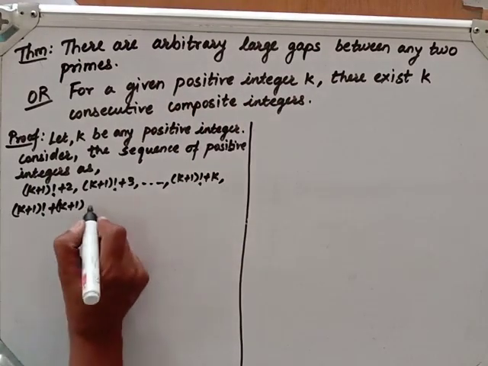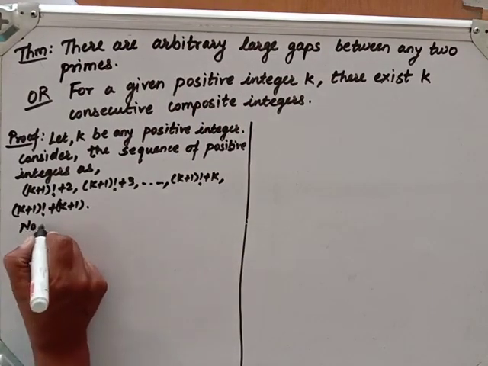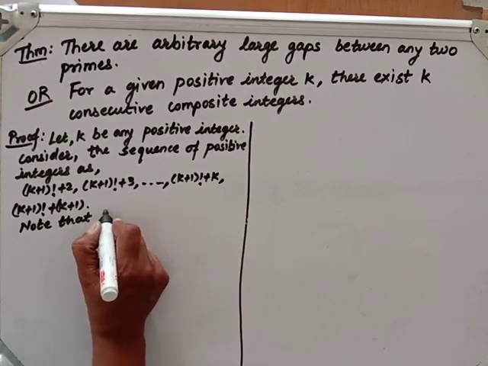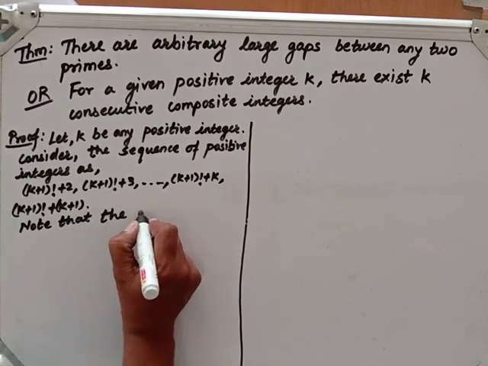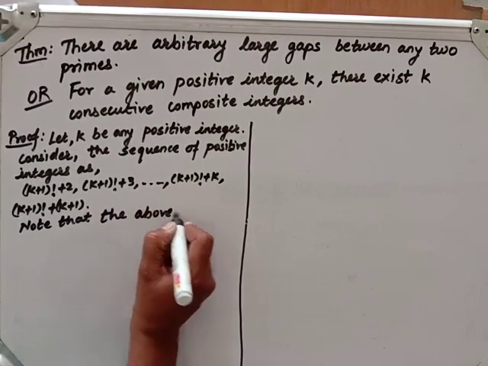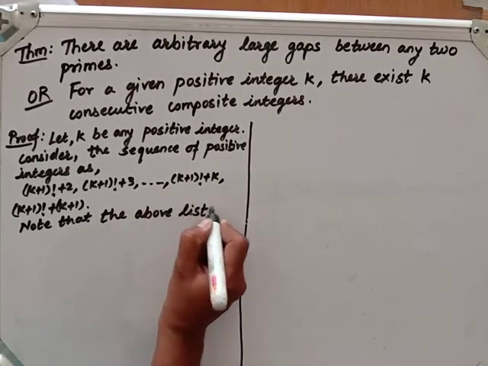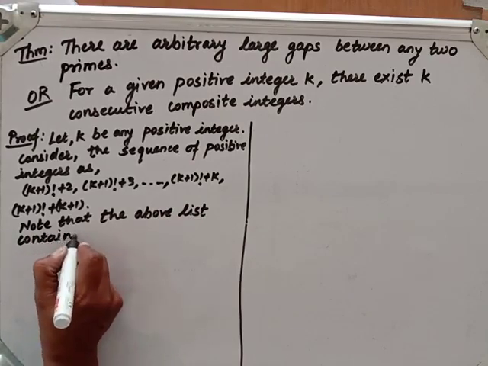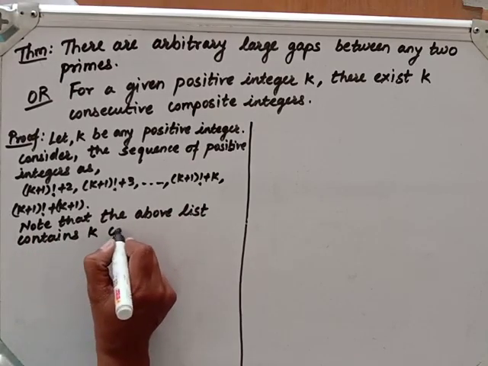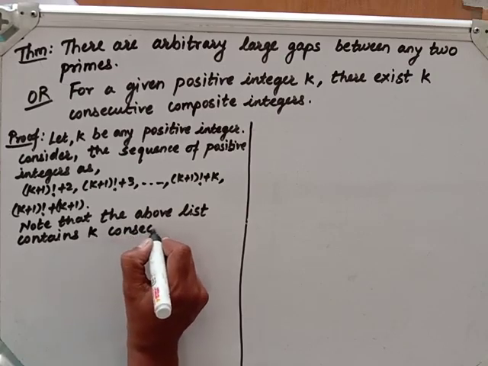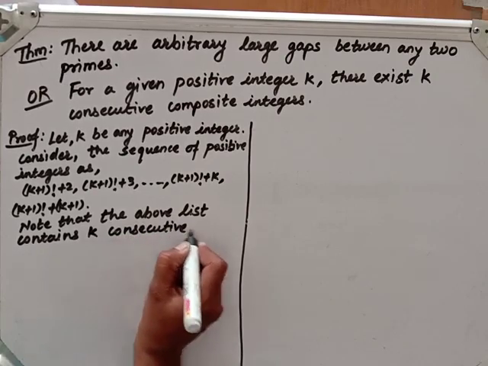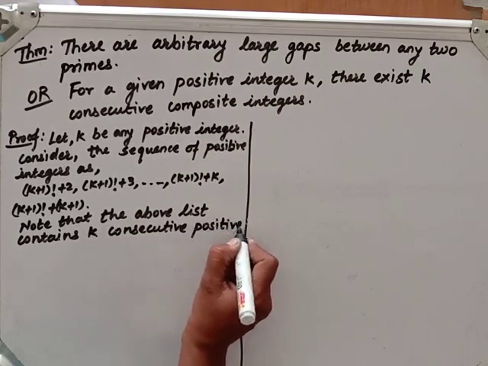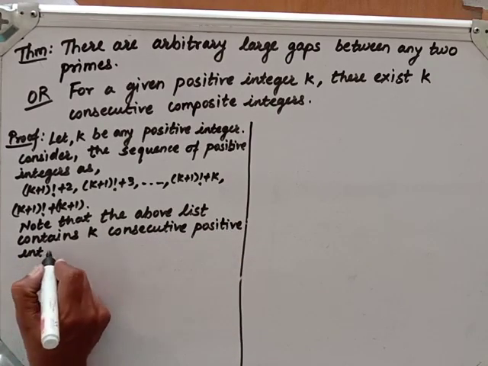Now note that this list contains k consecutive positive integers.